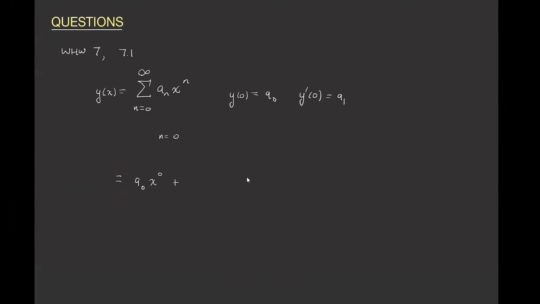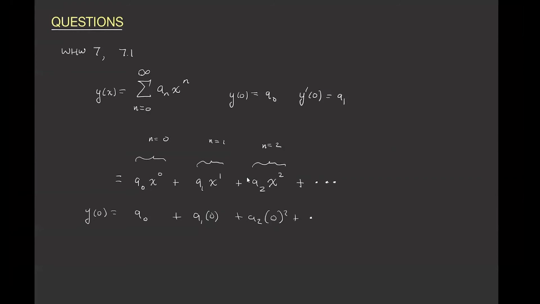Then you have n is equal to 1, which of course gives you a sub 1 x to the first plus a sub 2 x squared, and so on. If you substitute in 0 for x, a naught x to the 0 is just 1, so there's no substitution there. Then you have a1 times 0 plus a2 times 0 squared plus etc. And that'll just leave you with a naught.